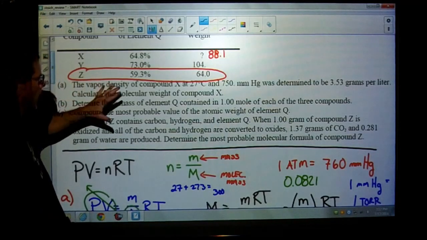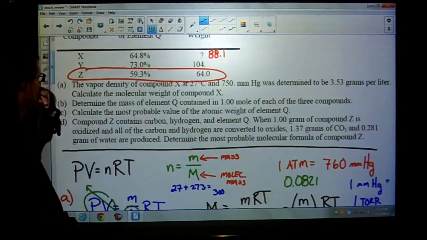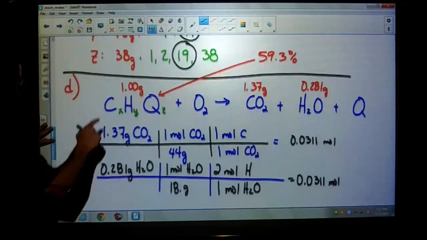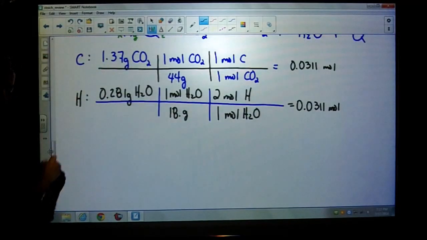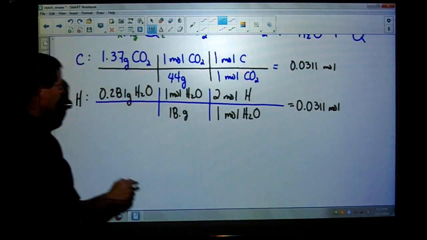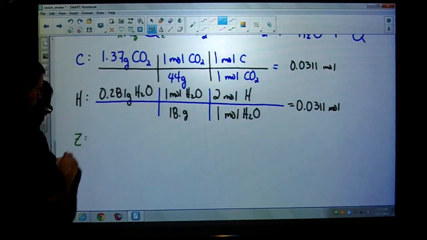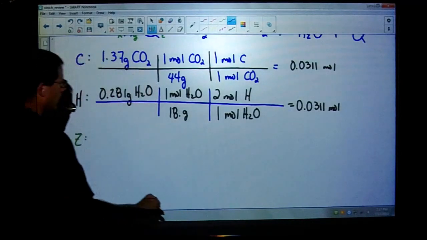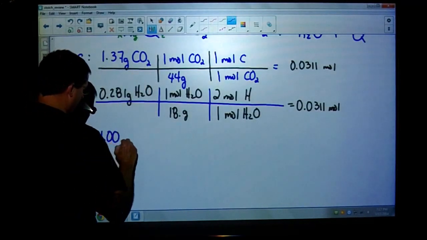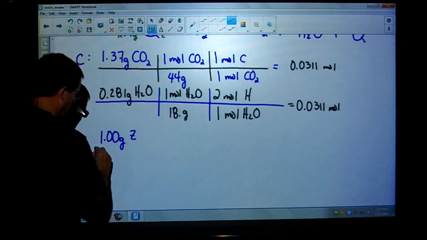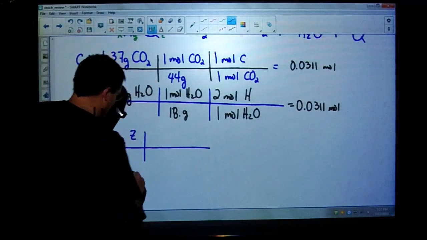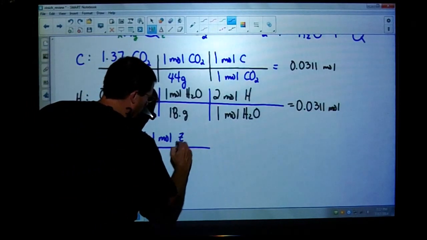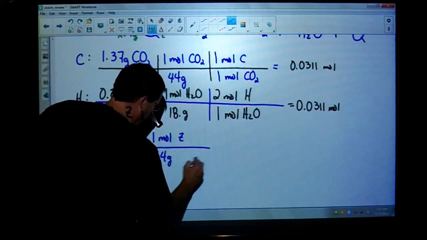Okay, so let's take our molar mass and find out how many moles we actually have, because we do have 1 gram. So this is kind of more of a problem solving technique here. So I have 1 gram of compound Z. And I know that in 1 mole of compound Z, there's 64 grams.